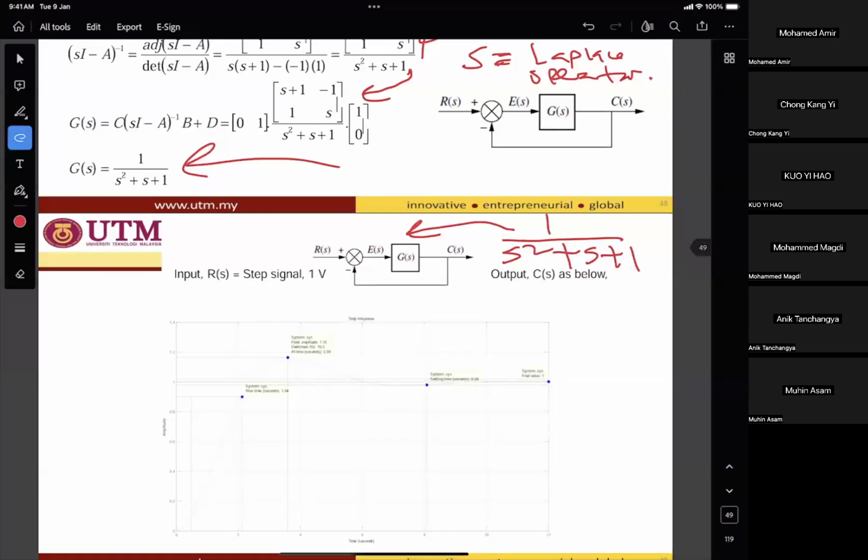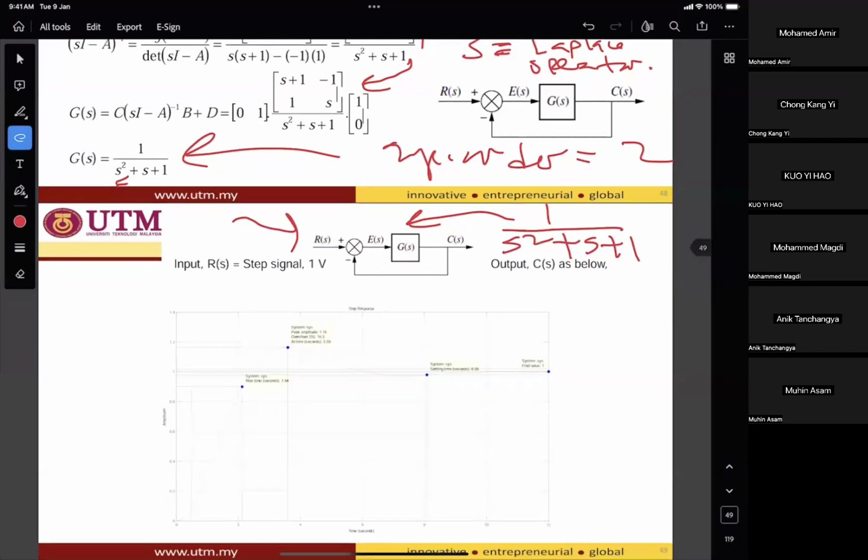Right. What is the system order for this G(s)? The system order is 2, because the highest order of the denominator is 2. Then we put it into this G(s) with unity feedback.